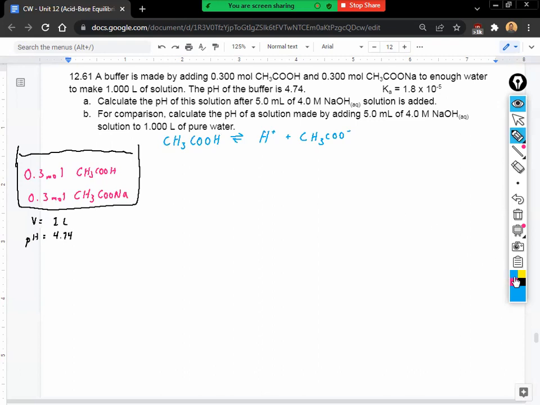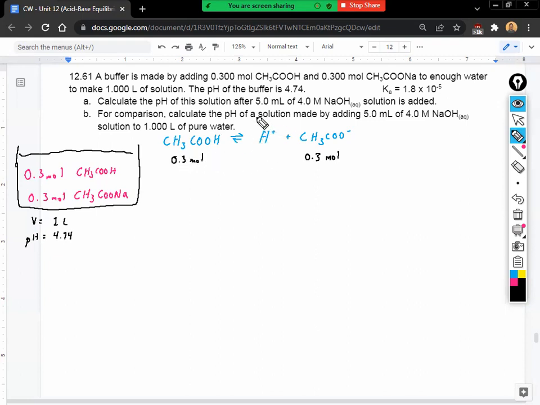And so we're going to start off with 0.3 moles of this guy, and then we know that we have 0.3 moles of acetic acid.